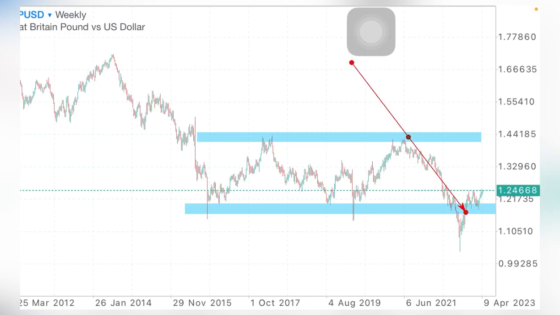Now if you're analyzing this live market because you want to trade it, what you will do is wait, because the market has already left the support zone. It is for you to wait. Once the market hits resistance and shows you a price action candlestick signal, then you enter.